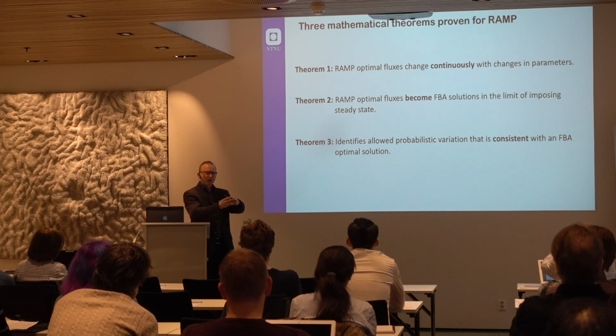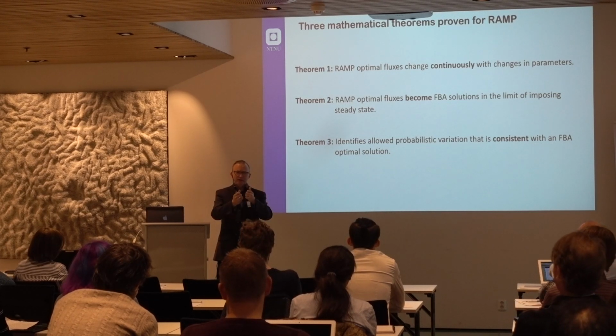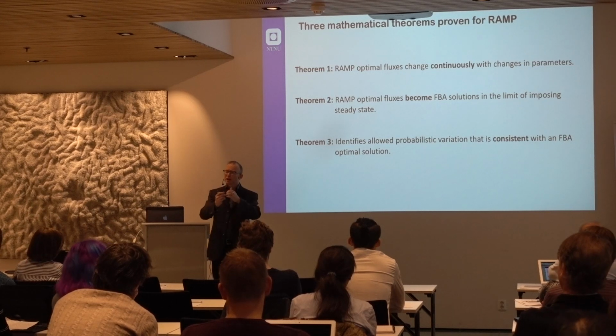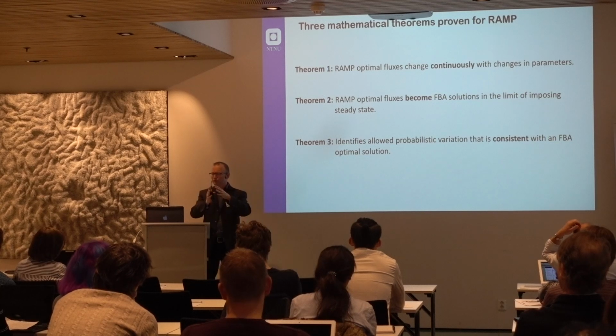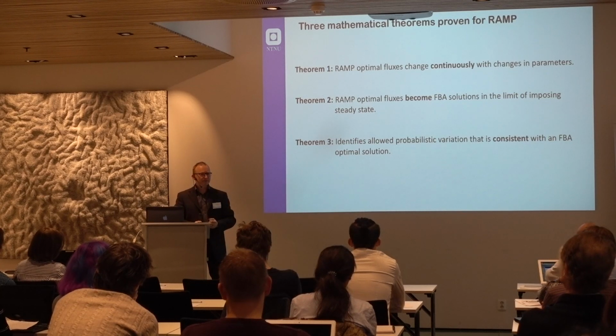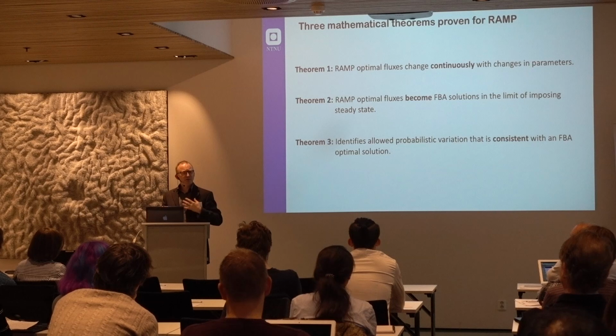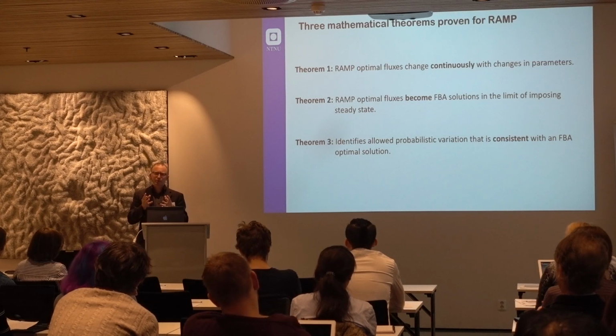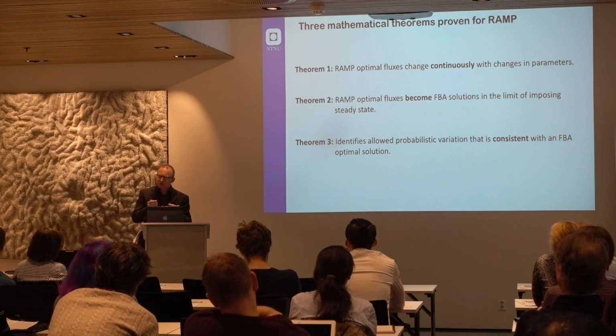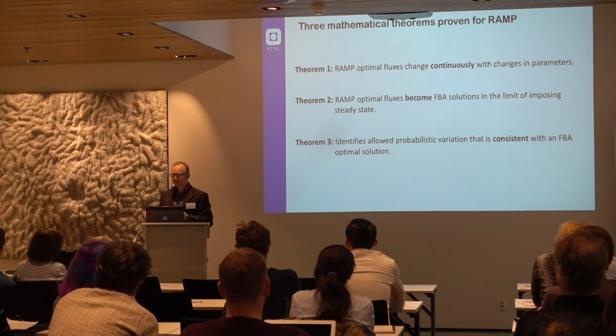And RAMP can tell you how much of a variation this stoichiometric matrix can tolerate before the FBA solution no longer is a solution for this matrix. So it's possible to, from this, explore what type of variation is tolerable in a population for as long as this FBA solution is valid.